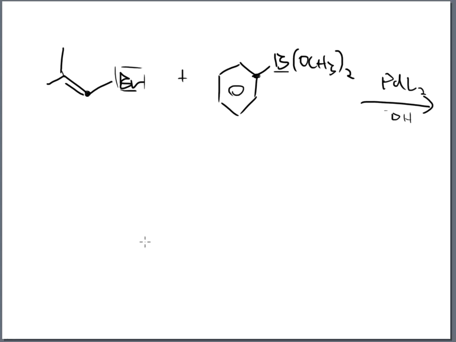So my product: 1, 2, 3, there's my double bond, there's that one, here's my bromo group. I'll always start with a reagent. You know how I operate. And then I'm going to take that bromine off. And that boron is connected to that ring, right? Okay, so that means that this carbon is going to be connected to something, and that is the carbon that's involved in that ring.